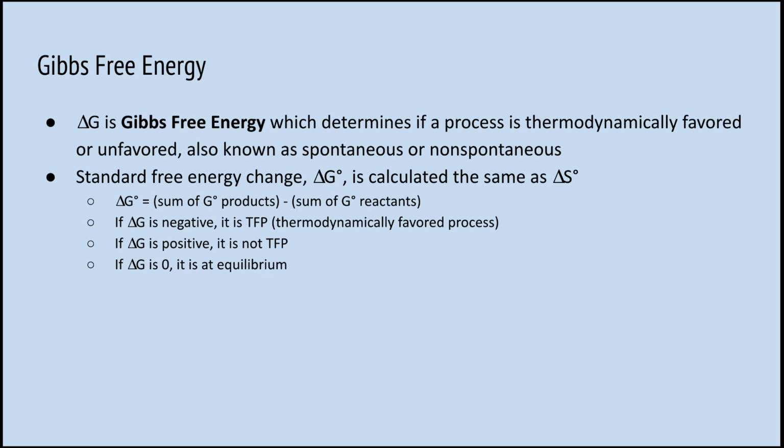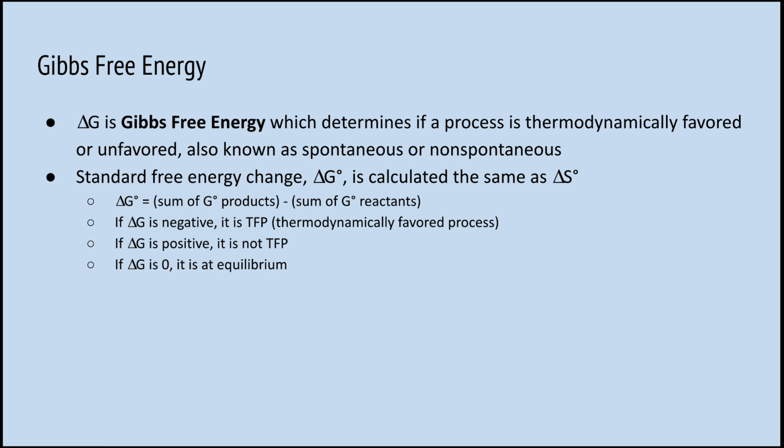Gibbs free energy is another concept we learned. It is symbolized with delta G, and it determines if a process is thermodynamically favorable or unfavored, or, in other words, spontaneous or non-spontaneous. And so, the delta G is calculated the same way as delta S or delta H. So sum of the G in the products minus the sum of the G in the reactants.